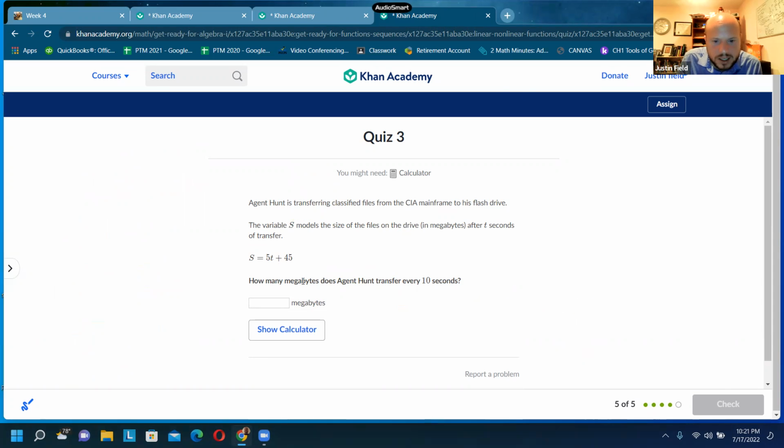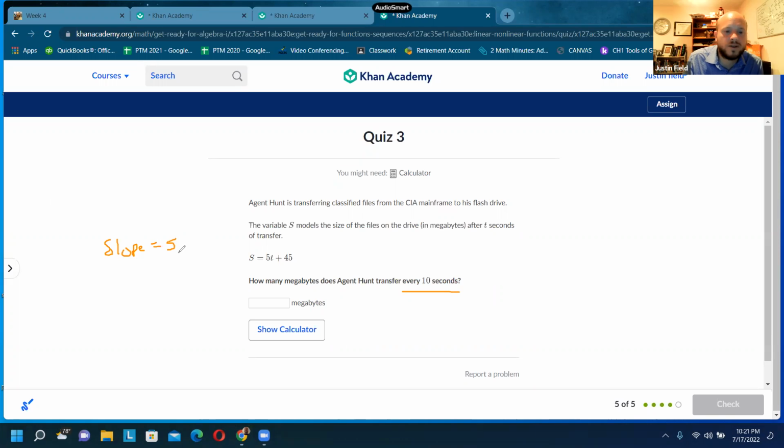How many megabytes does each 10 seconds? Okay. So the slope is for every 1 second, and they're asking us for every 10 seconds. So can you tell me the slope? Hopefully you said 5.